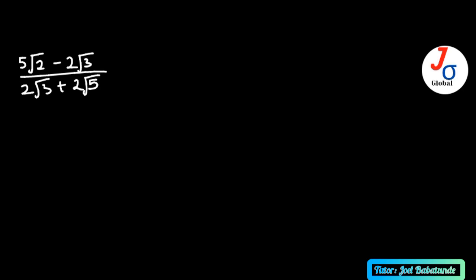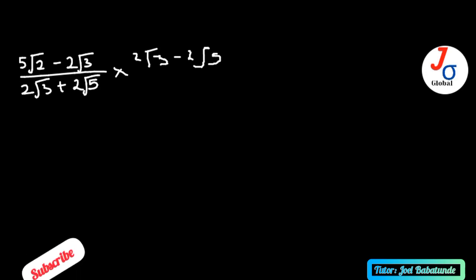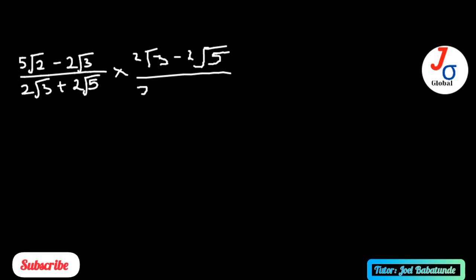Multiply the numerator by 2 root 3 minus 2 root 5 over 2 root 3 minus 2 root 5.